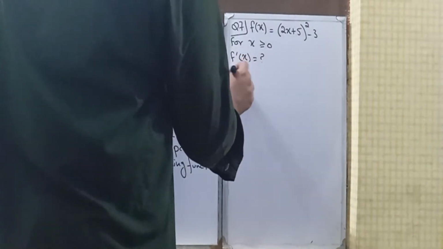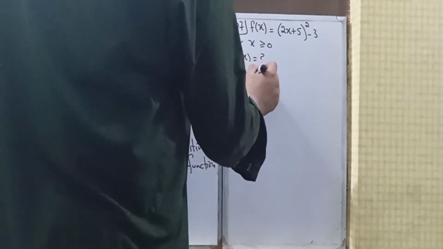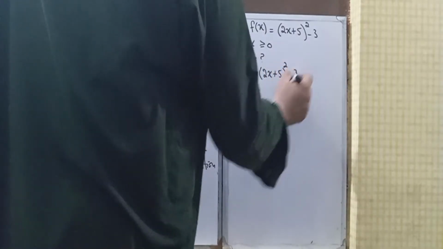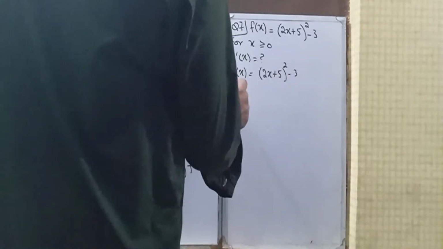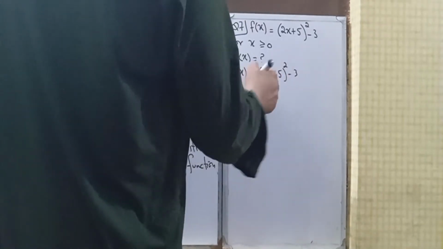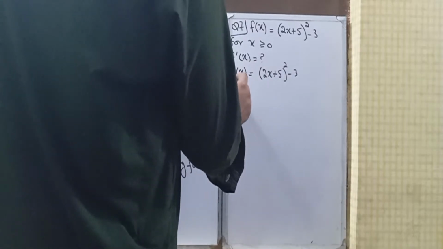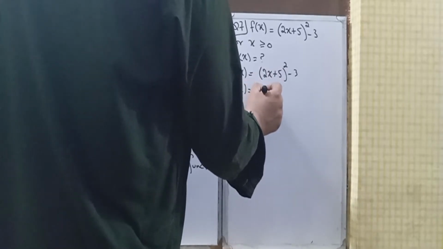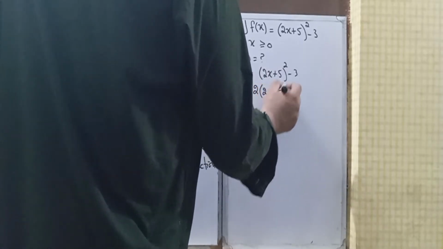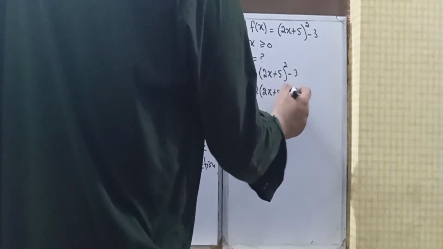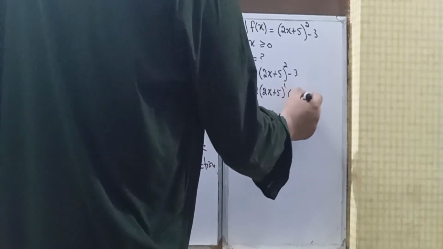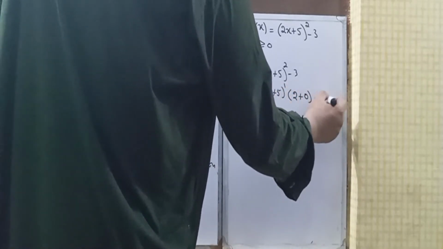So I can find the derivative of this. The f of x is given to me, that is (2x plus 5) the whole square minus 3. So f dash of x will be equal to, this 2 will come on the side, and then the power will decrease by 1, and then I will take the derivative of this base. This base derivative will be 2 plus 0. Then the derivative of minus 3 is 0.